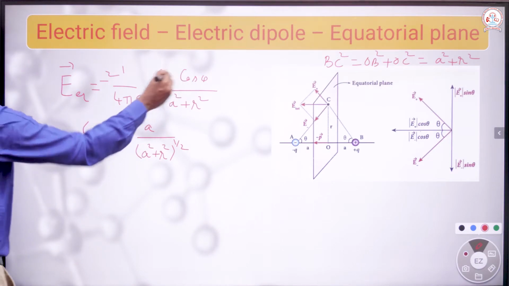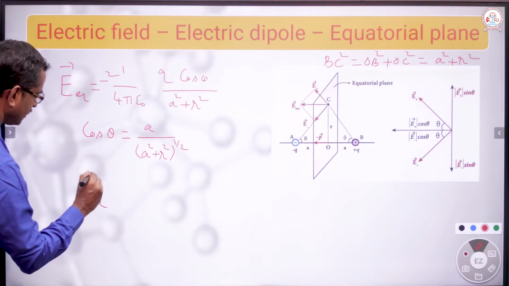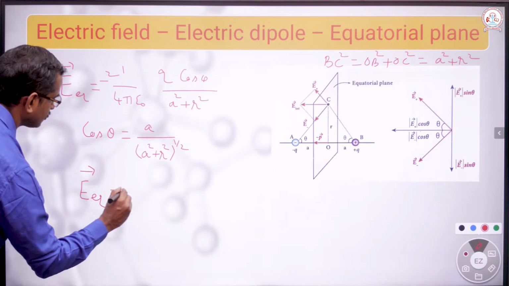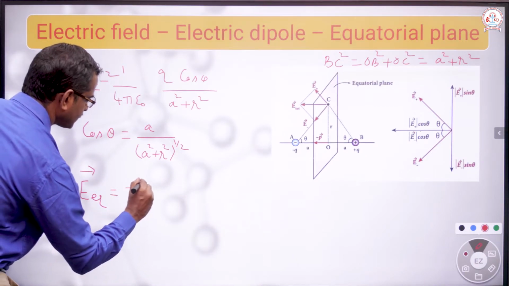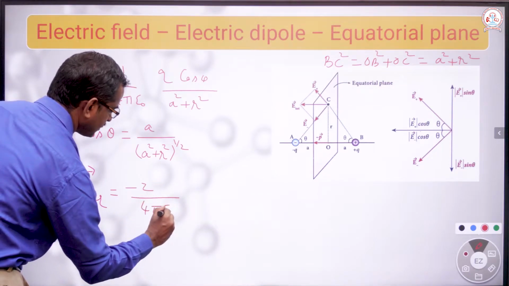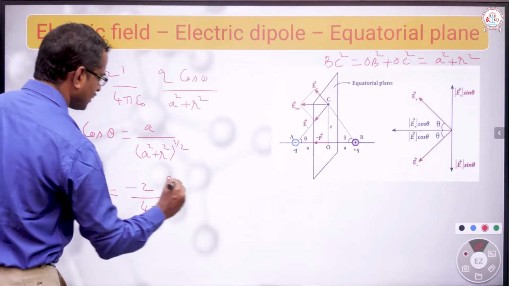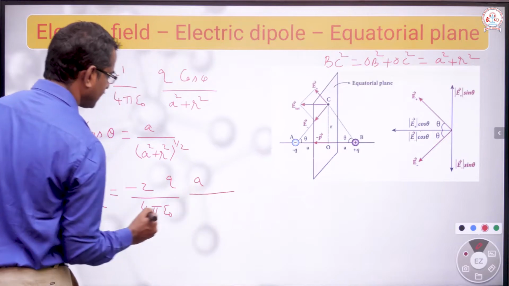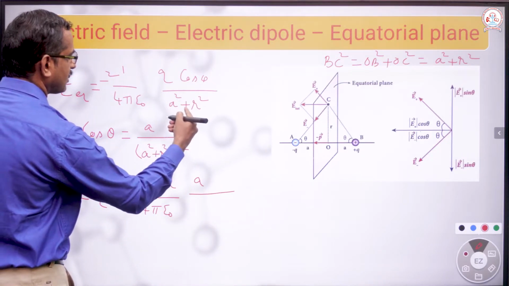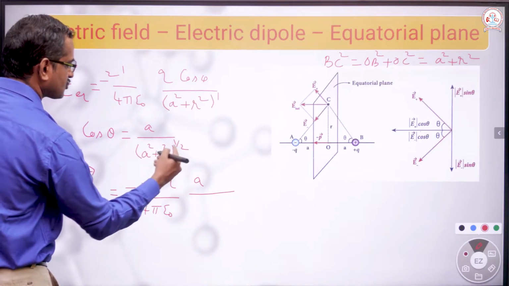If we substitute the value there, we have the electric field along the equatorial line equal to minus 2 divided by 4 pi epsilon naught, q. Cos theta value is A divided by A square plus R square to the power of half.